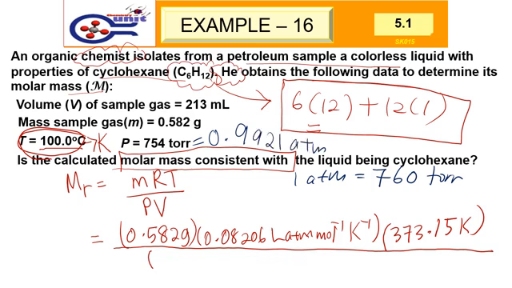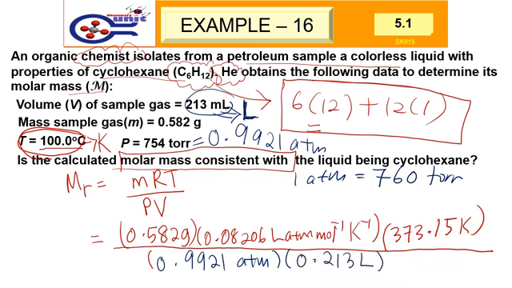Okay, so masukkan kat sini. After conversion of the unit, 0.9921 ATM. Darab dengan volume. Volume is 213 ml. So, mesti convert kepada liter unit. So, how to convert to liter unit? 213 divided by 1000. So, equals to 0.213 liter. Okay.